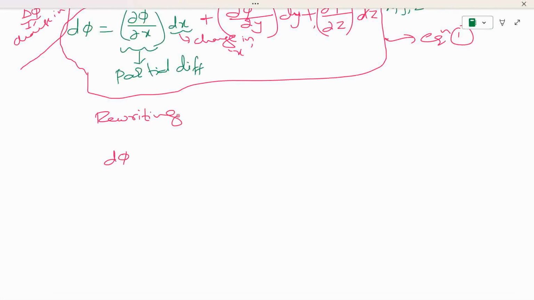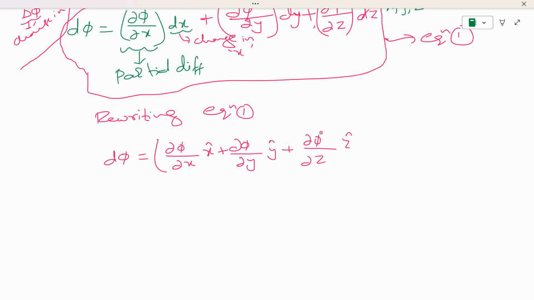Rewriting equation one, we can write it like this: dou phi by dou x x cap plus dou phi by dou y y cap plus dou phi by dou z z cap, and I am doing the dot product with dx x cap plus dy y cap plus dz z cap.